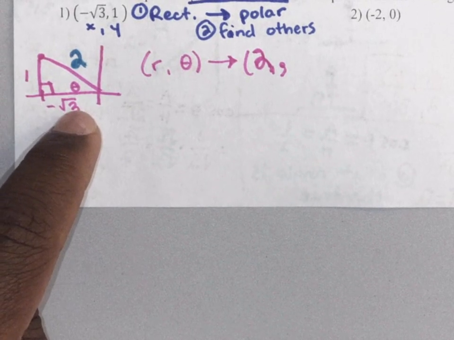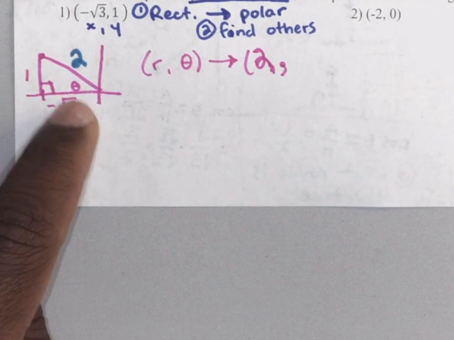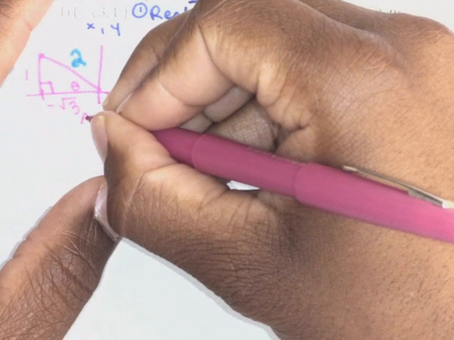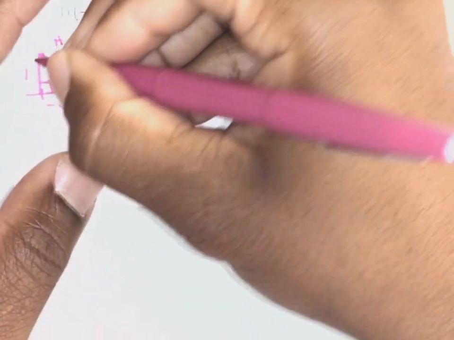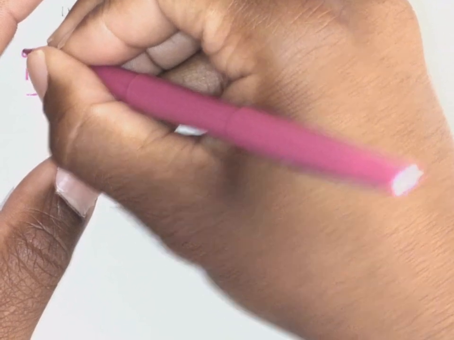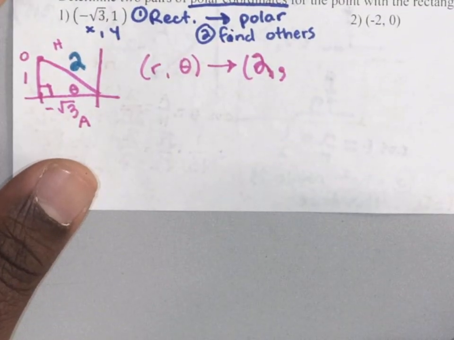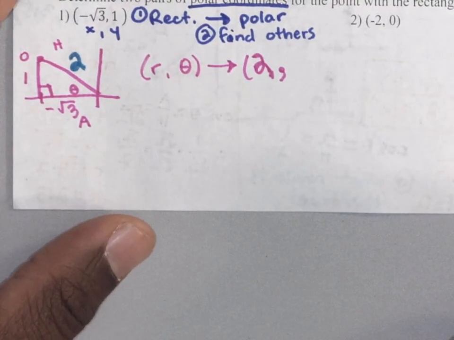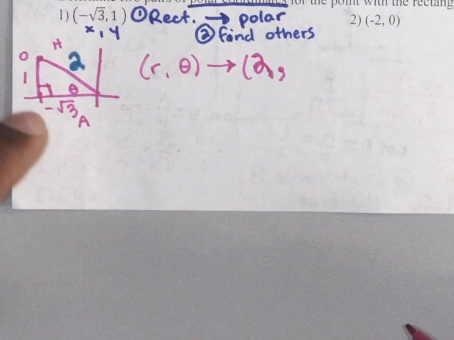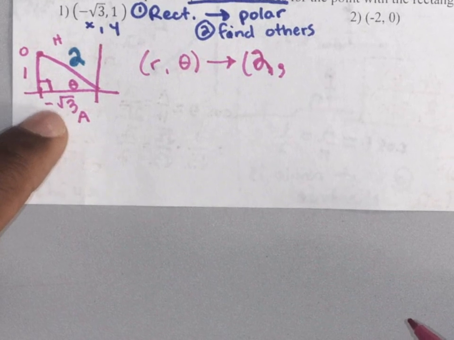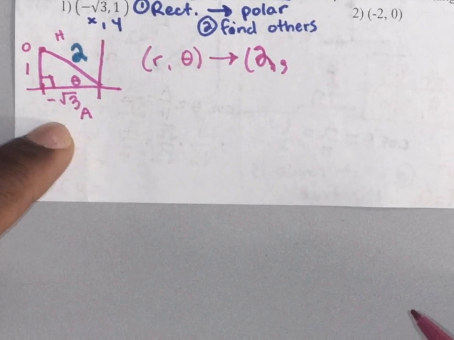Not tangent. It's 150. How'd you know that? I looked at my sheet, my unit circle. I see a lot of root 3s and a lot of 1s, and it's the only negative one in the second quadrant, where x is negative. That's a good observation.